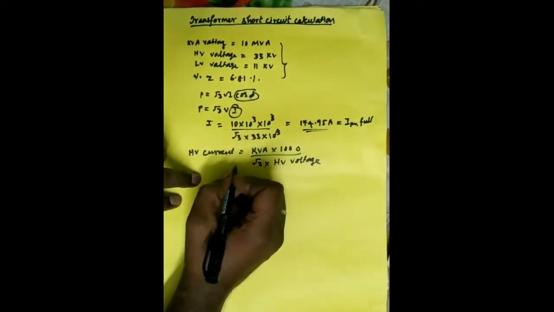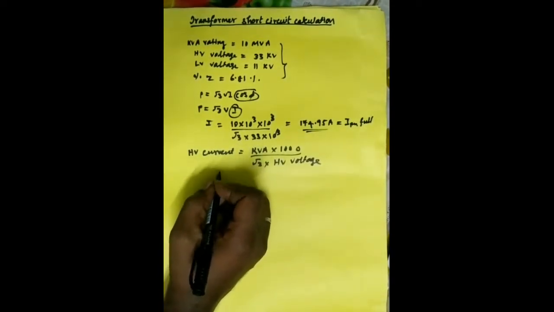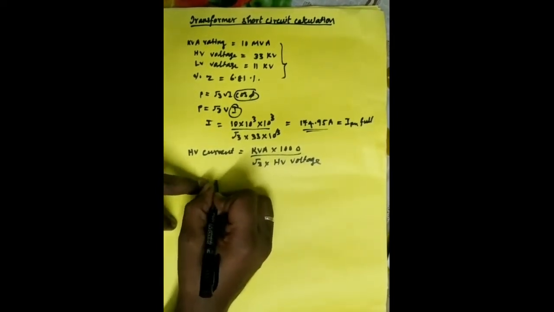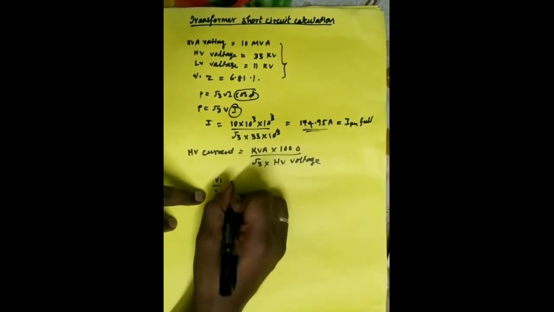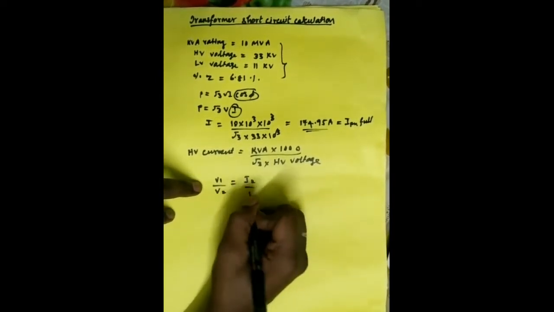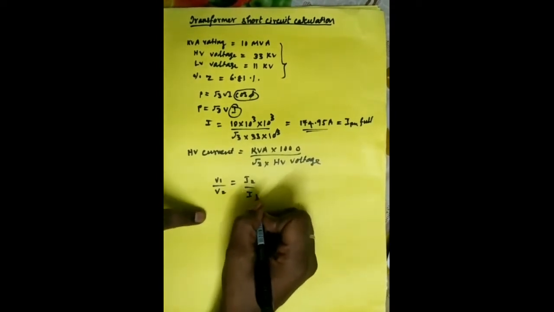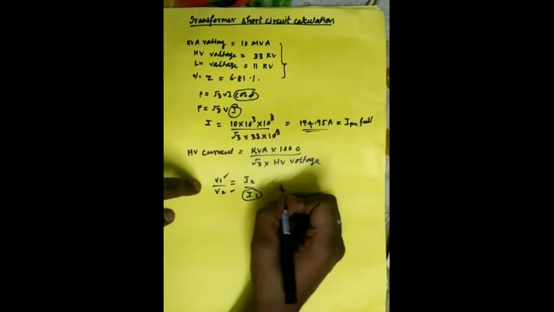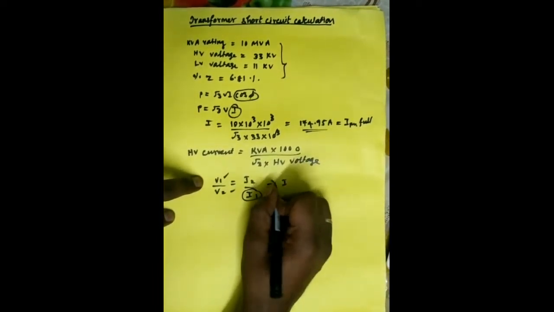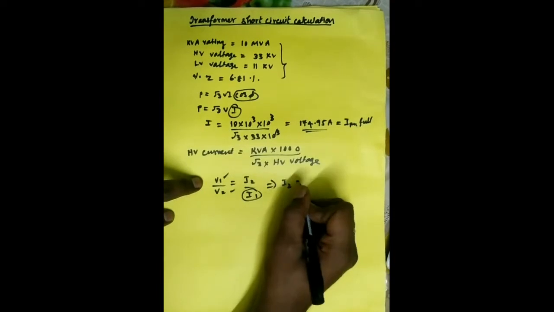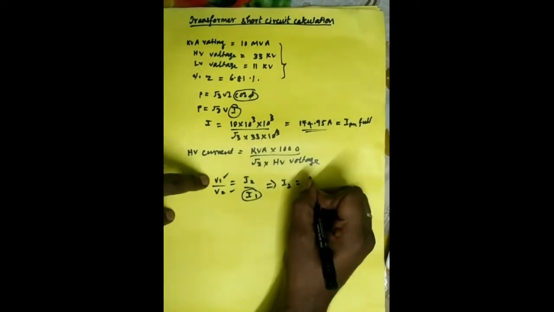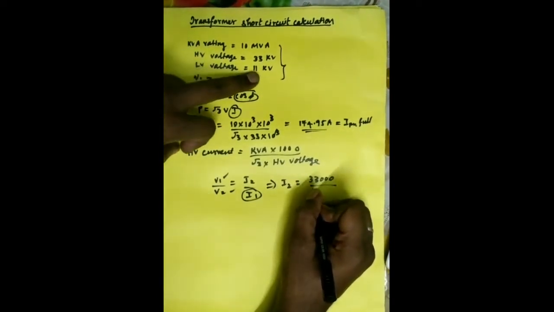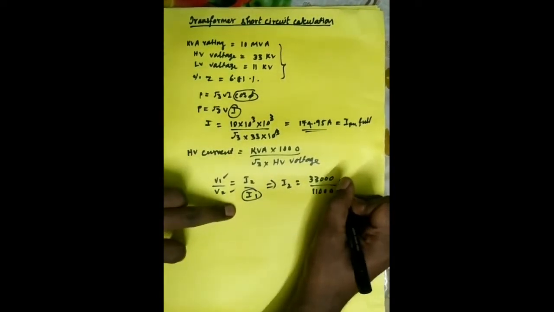Then how to find out secondary full load current of transformer. To find out secondary full load current, we are going to use the formula V1 by V2 equal to I2 by I1. We know I1, V1, V2. By substituting this, I2 equal to V1 is 33,000, V2 is 11,000 into I1.